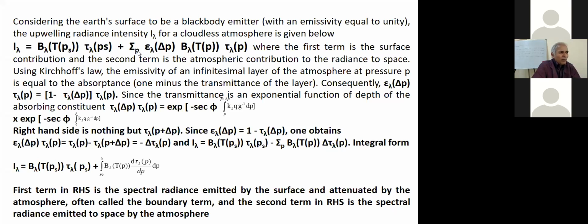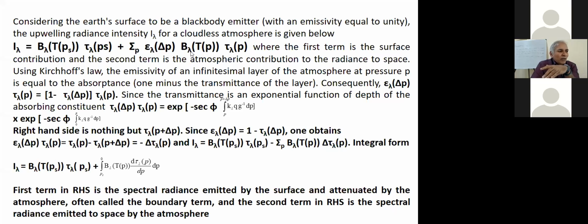Then I have a summation over P. Now the atmosphere, different layers of the atmosphere have certain temperature. The radiance that is received at the radiometer in the satellite is made up of a surface contribution for that particular wavelength plus an atmospheric contribution for that particular wavelength.